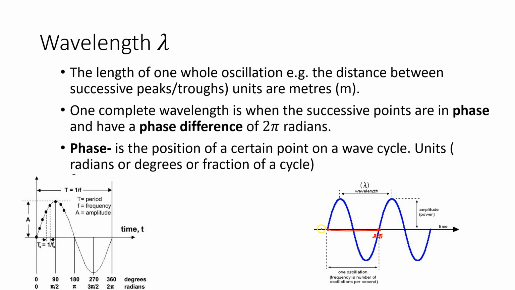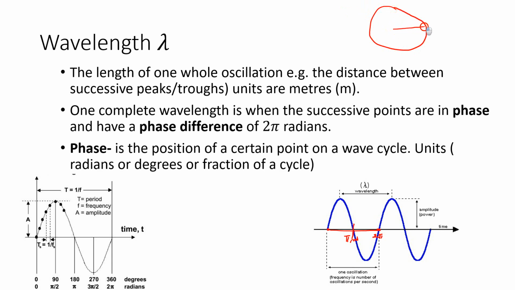Now, one of the things that we must also understand is that if this is one entire wavelength, then half a wavelength is right here. So this now becomes pi radians, and pi radians in terms of degrees is 180. I don't know if you remember talking about the circle.